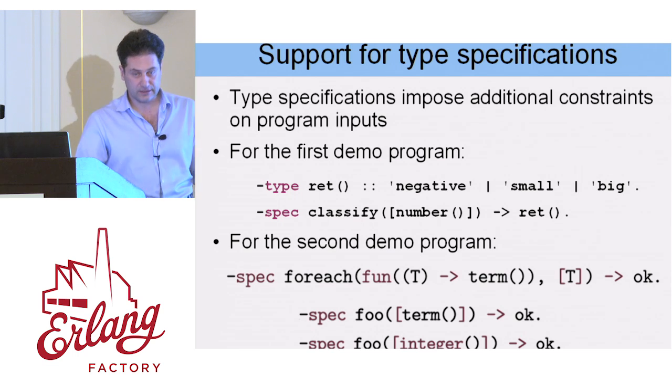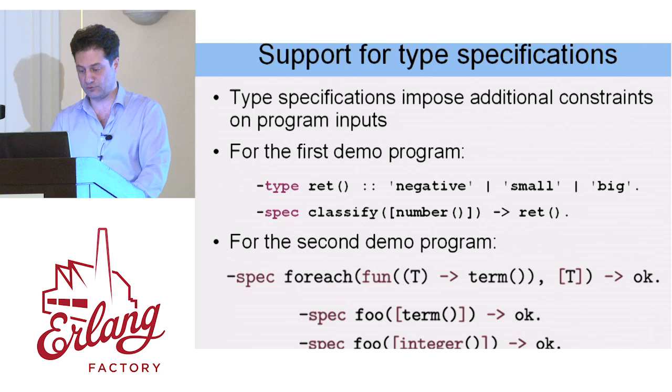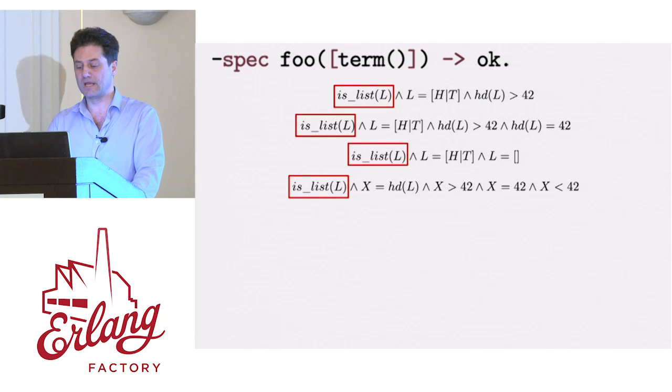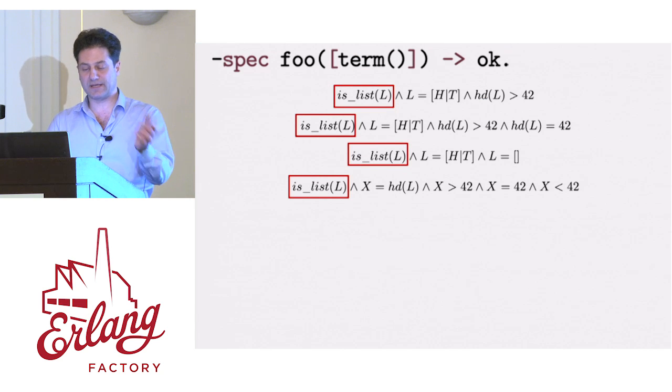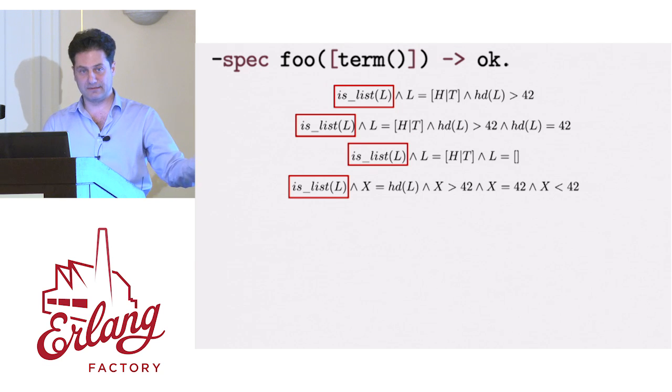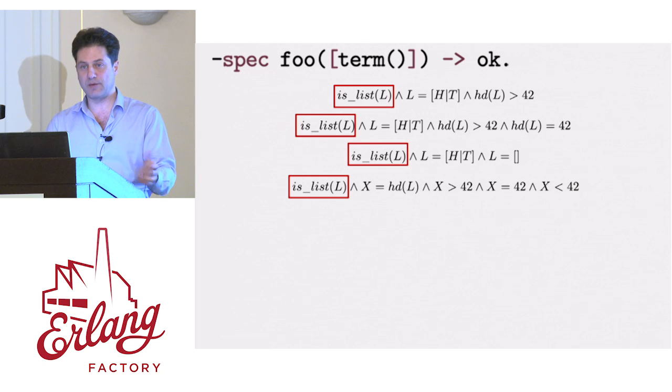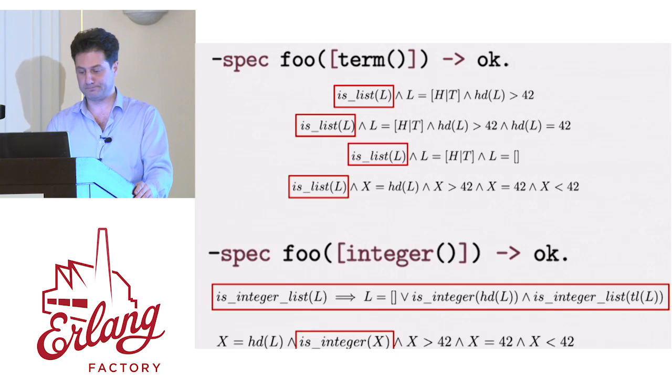So what's happening is that the type constraints from the specs are added as part of the path constraint, so they prune the inputs that you are probably not interested in.